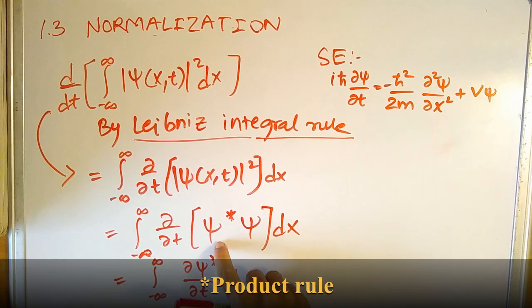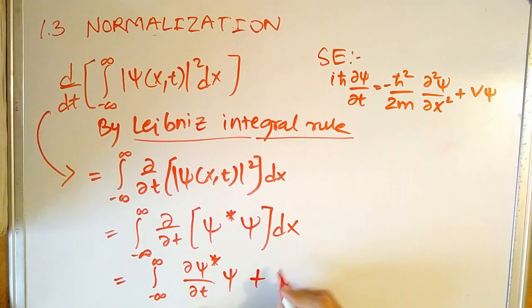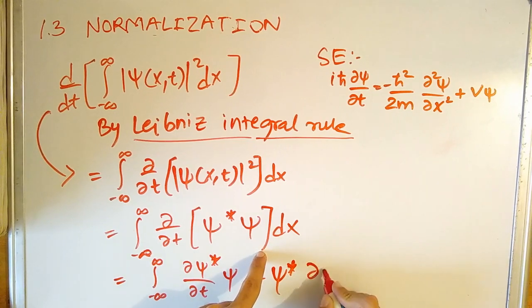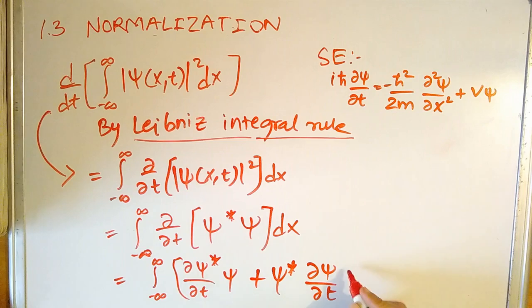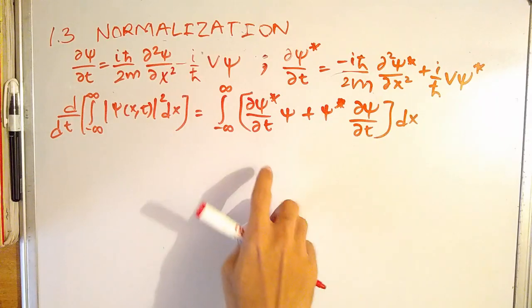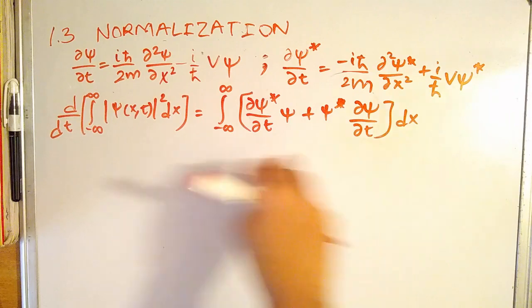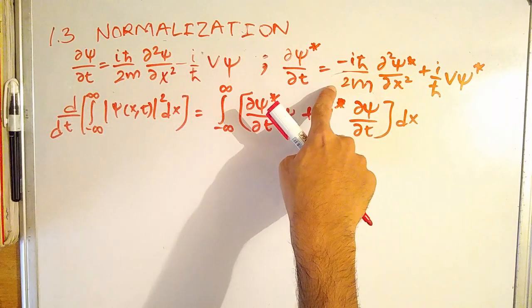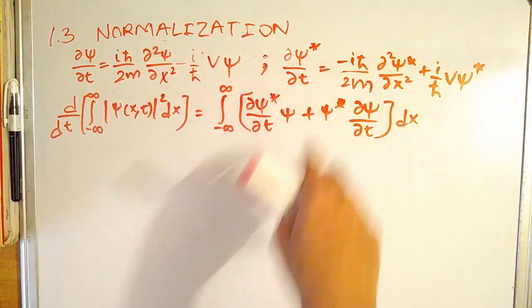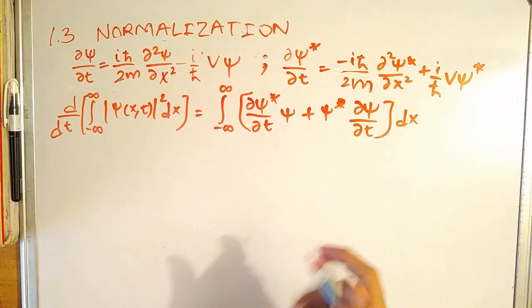First we differentiate the psi star, then multiply it with psi, plus psi star into the derivative of the second part, dou psi by dou t, integrated with respect to x. So we will now just plug in the values of dou psi star by dou t and dou psi by dou t from these two equations that we derived earlier from Schrodinger's equation.